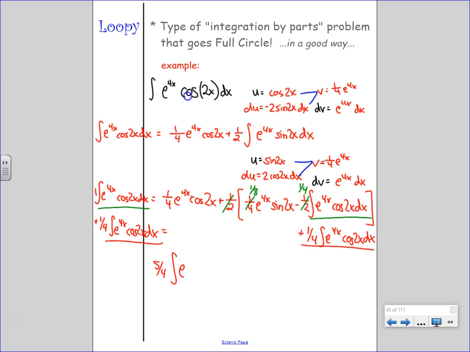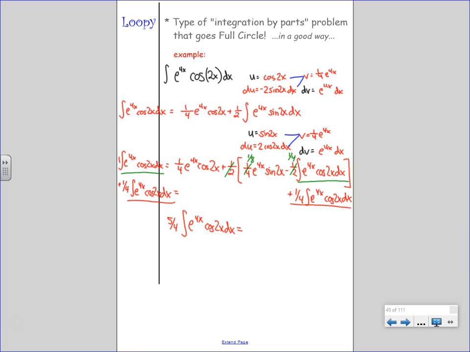Oh my god, that integral, e to the 4x cosine of 2x dx, equals. Then you can multiply the 4/5 over there: 1/4 e to the 4x cosine of 2x plus 1/8 e to the 4x sine of 2x, times 4/5, right?